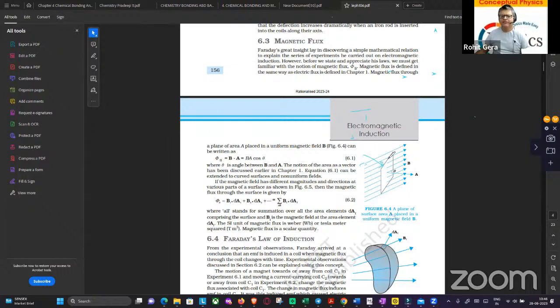There is a magnetic field which is passing through it. Draw a perpendicular on the area. And then notice what is the angle between the magnetic field passing through the coil, or the region has a magnetic field already. Notice the angle between the magnetic field and the area.